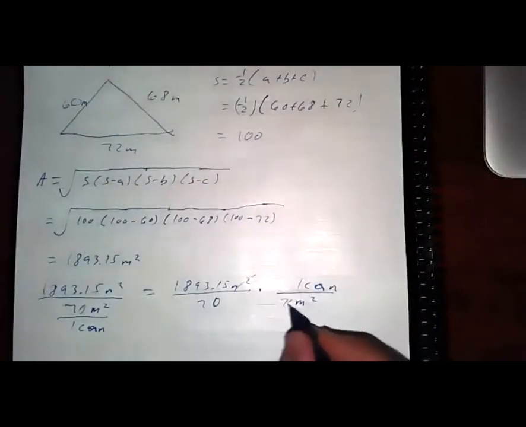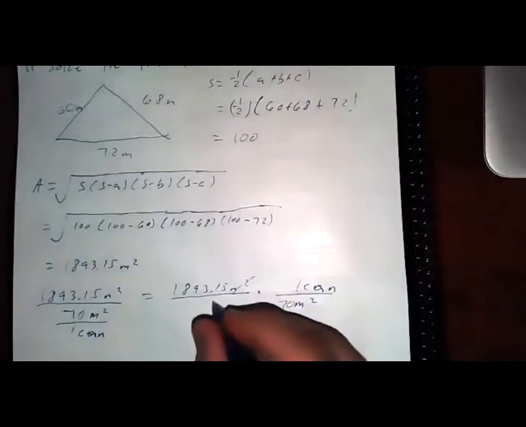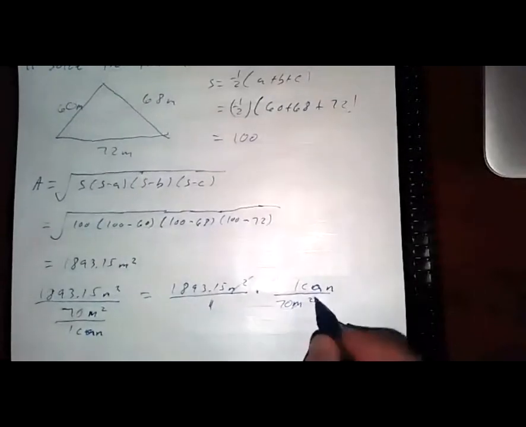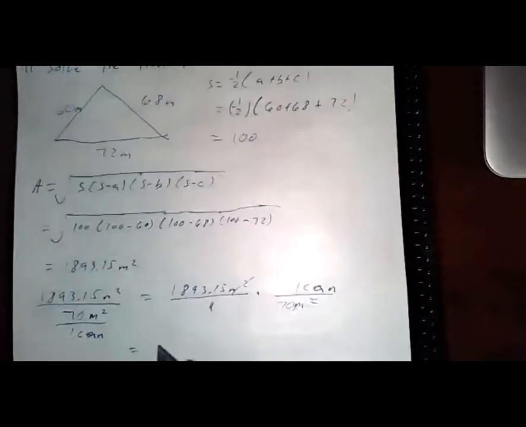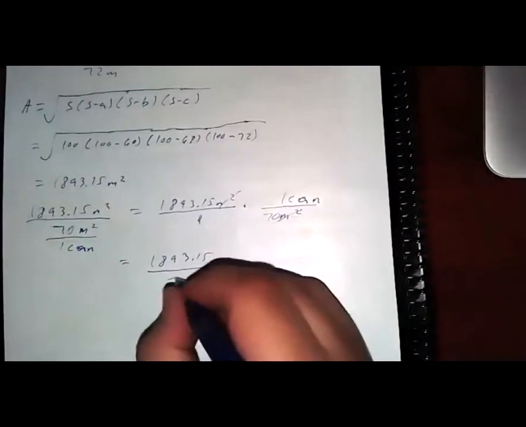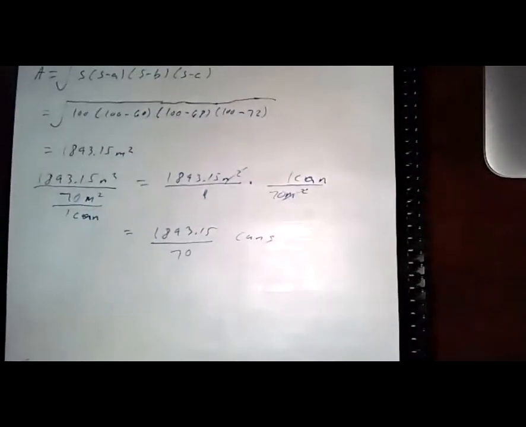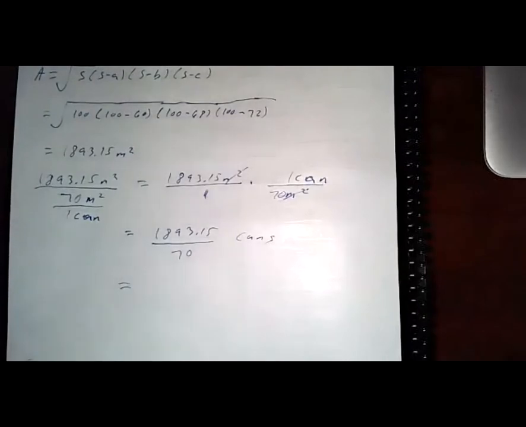Or you could put it over here, I guess. Maybe that makes more sense. So meters cancel. That gives me 1893.15 divided by 70 cans, right? So the units end up working for you. So how many cans is that?